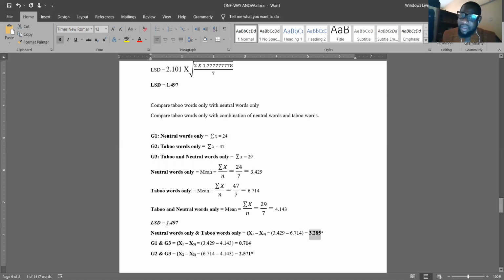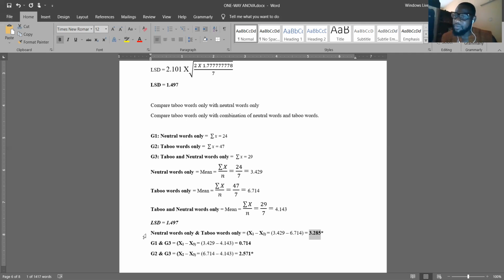So the moment this mean difference is equal to or greater than the LSD value, then we can say for sure that there's a significant difference between the two groups, that's taboo words only and neutral words only. So when you check, you could see that 3.285 is greater than the LSD value. And that should inform you that there is a significant difference between neutral words only and taboo words only.